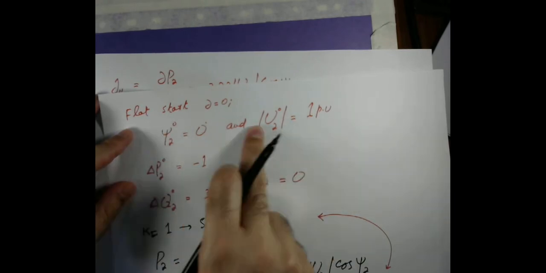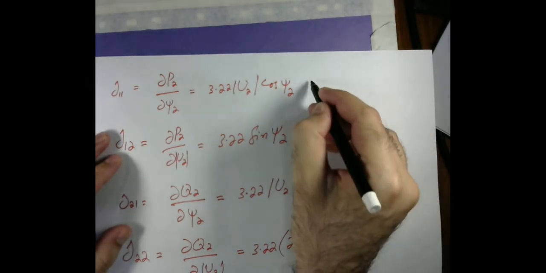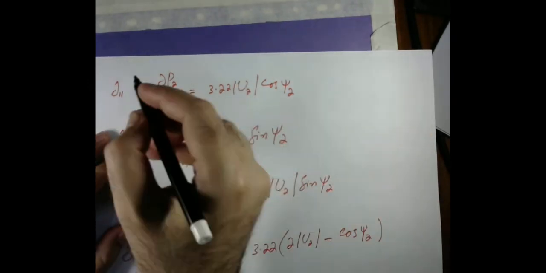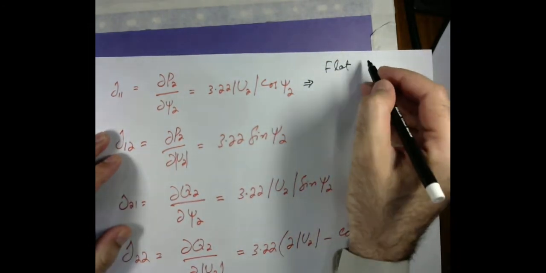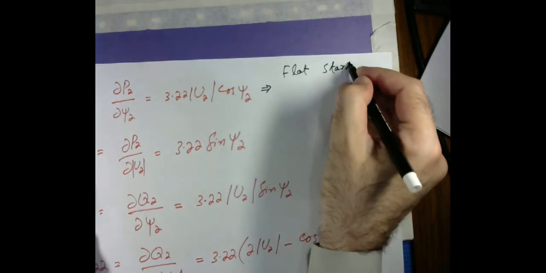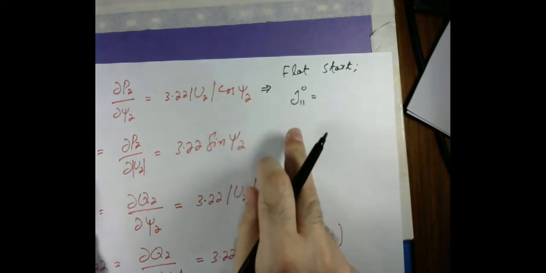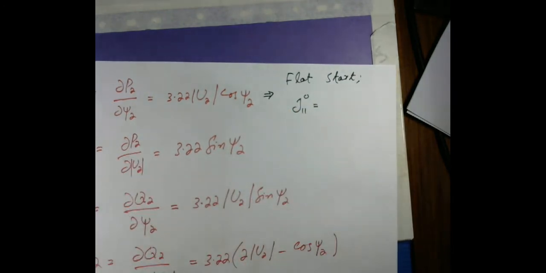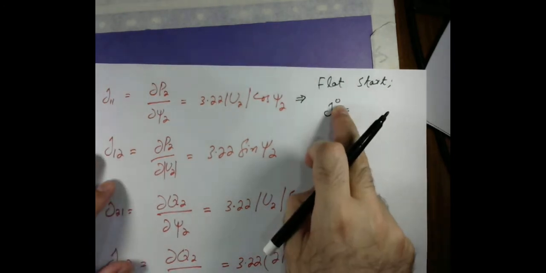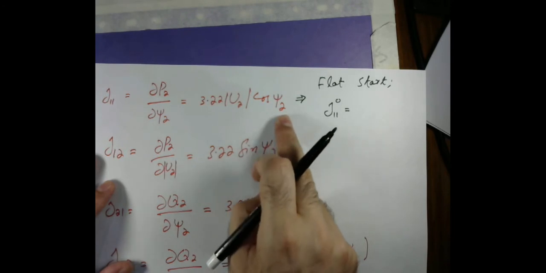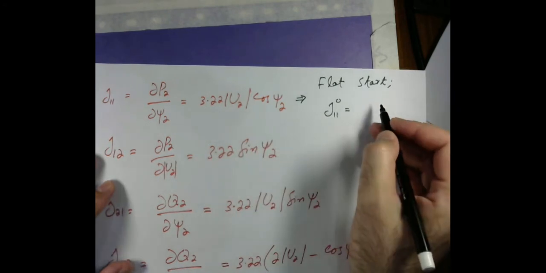Now we will use exactly the same information for the flat start, and now we will determine the Jacobian, for the flat start, and you know what flat start means. So now J11(0), meaning that we are now calculating the elements of the Jacobian matrix for the initial guess, as we have made a guess that psi 2 in the flat start is 0 and u2 is 1.